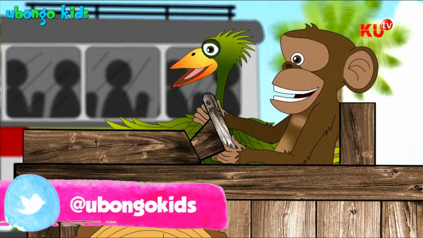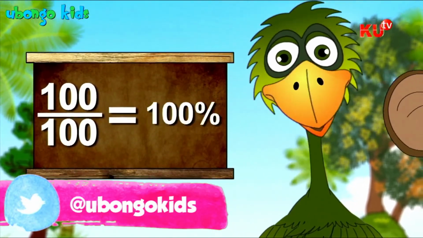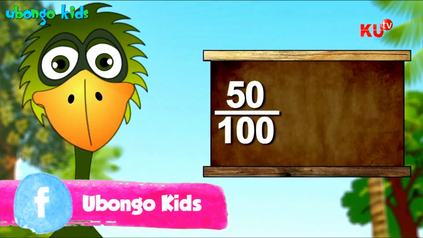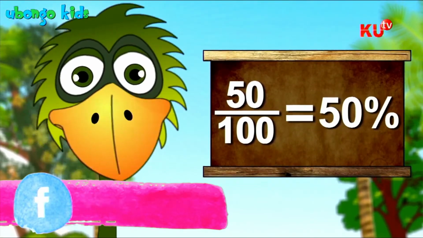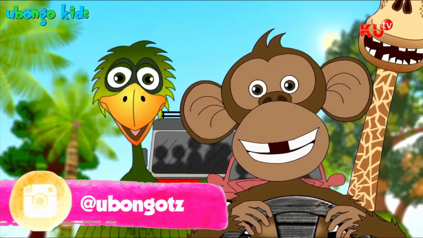If 100 out of 100 people say yes, then the agreement is 100%. If 50 out of 100 people say yes, then the agreement is 50%. I just love percentages.